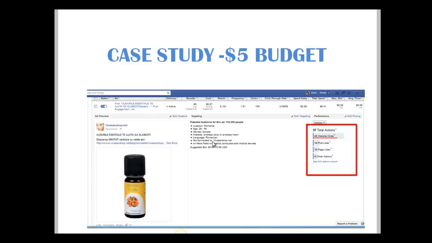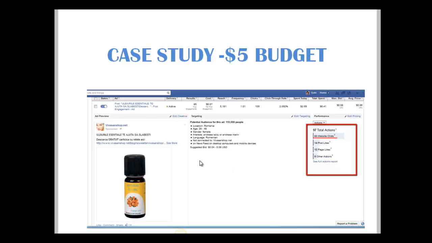Language Romanian of course, and not connected to vivasanshop.net. It shows on newsfeed, on desktop computers and mobile devices. Suggested bid is 0.04 to 0.08. I went for 0.08. The average price went down to 0.06.